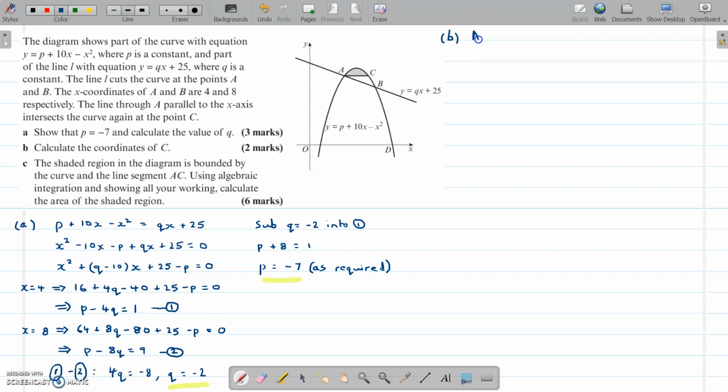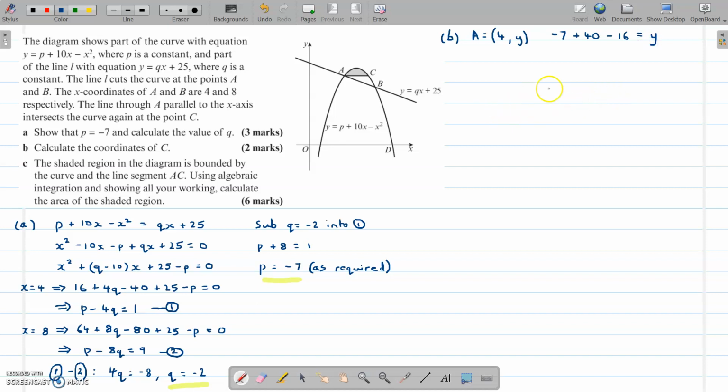So let A equal the point (4, y). We don't know what y is yet, we're going to find out. Now, if we take the equation for the curve, we can say that -7, so that's p plus 10x, which is 40, minus x squared, which is 16, equals y.